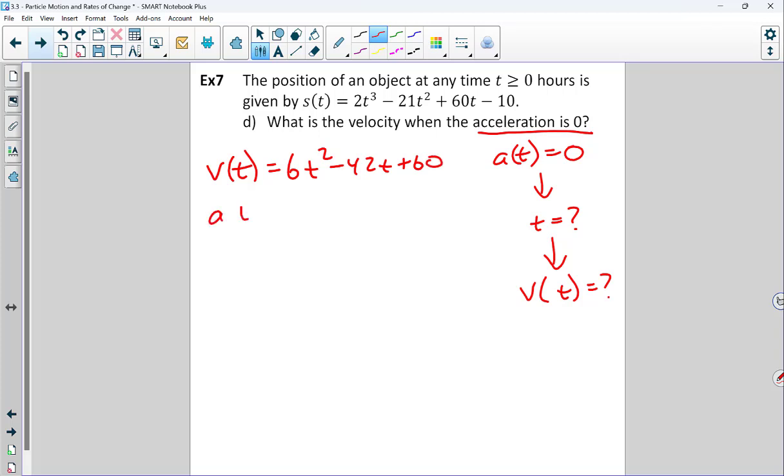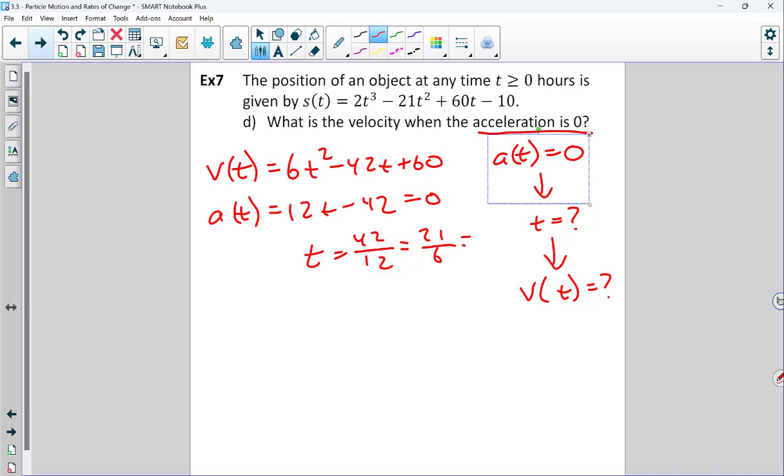We know that our acceleration function was 12t minus 42. So I need to know, when is the acceleration 0? That's going to be at 42 over 12. I'm going to reduce that to 21 over 6, which could also be reduced if I divide by 3. That's going to be 7 over 2.